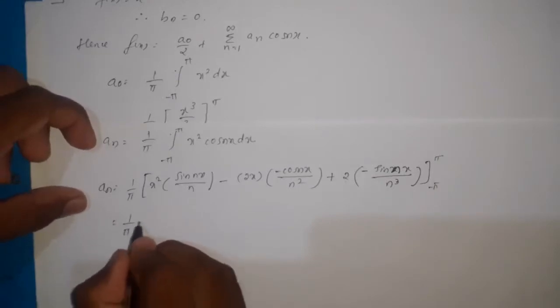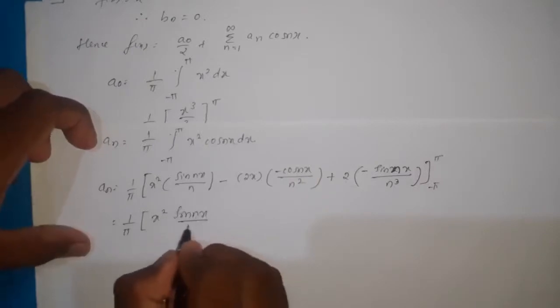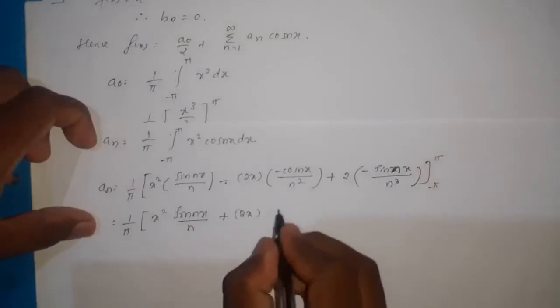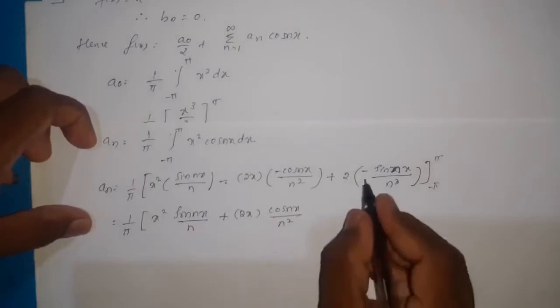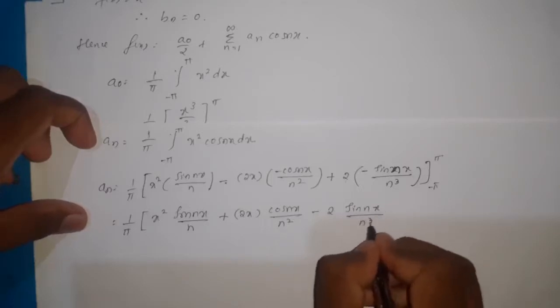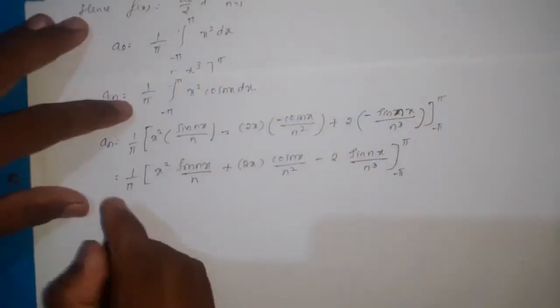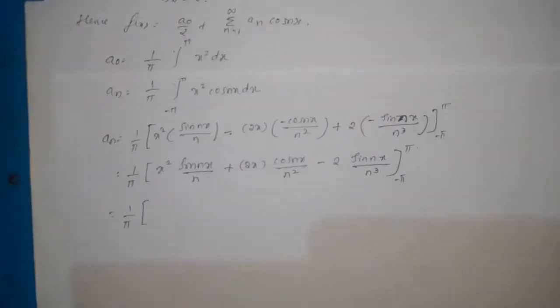So therefore it is 1 by pi x square sin nx divided by n. Now minus into minus becomes plus 2x into cos nx divided by n square, then minus 2 into sin nx divided by n cube, from minus pi to plus pi. Now the upper limit. So here we know that the value of sin n pi is 0 and cos n pi is minus 1 whole power n.